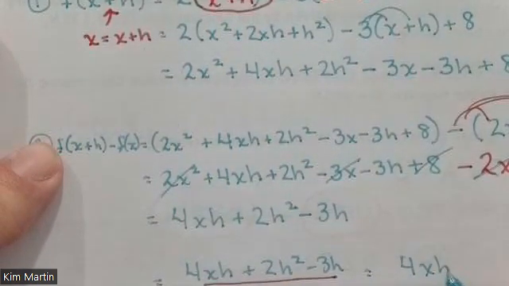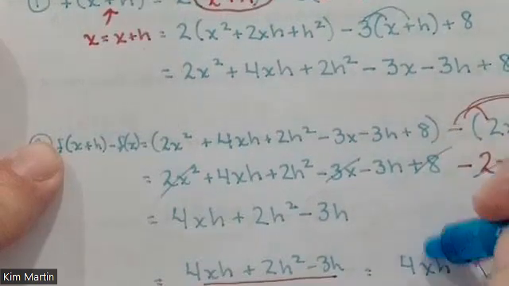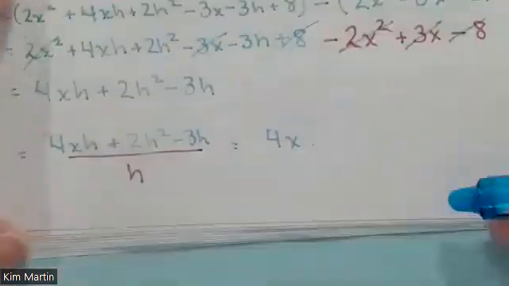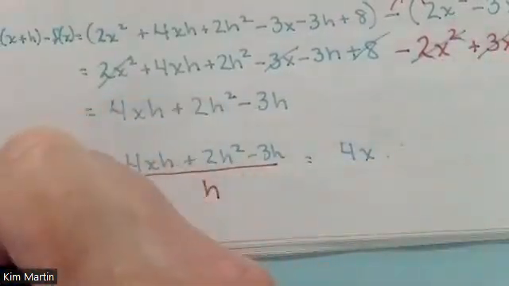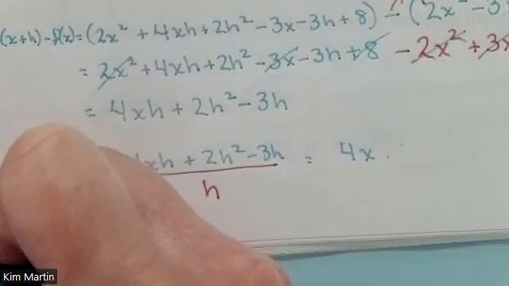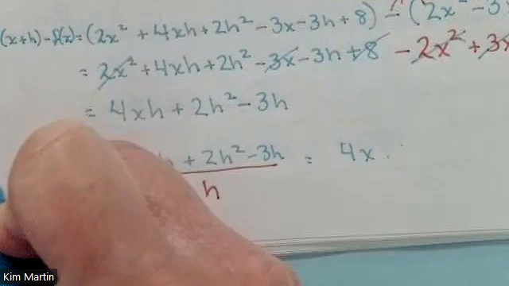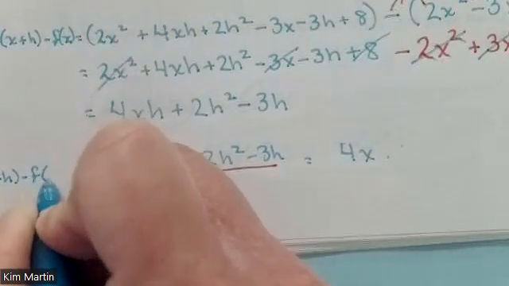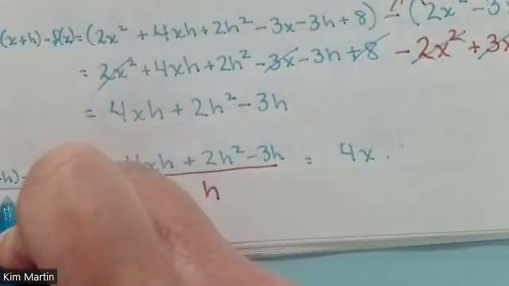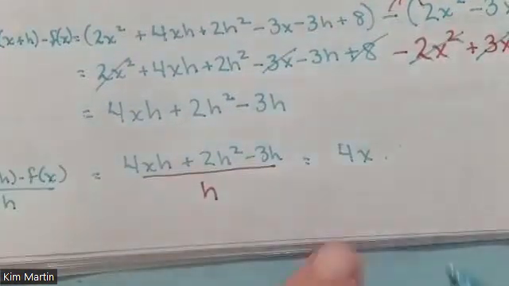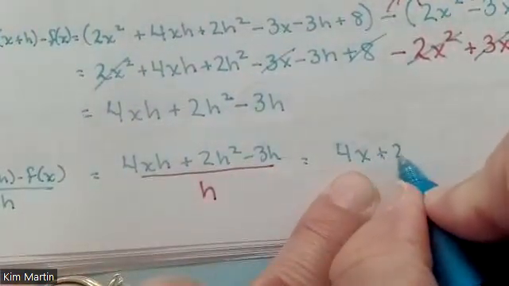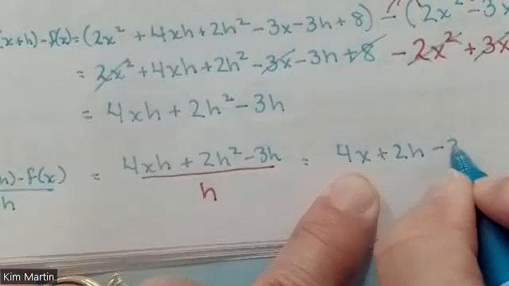So step 3 is what we're doing now, where we took our answer of step 2 and we divide by h. So we get 4x plus 2h minus 3.